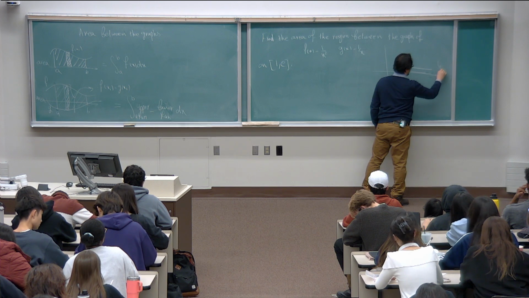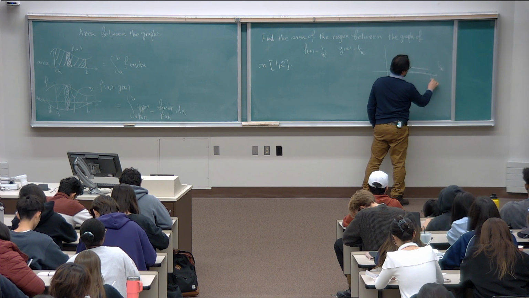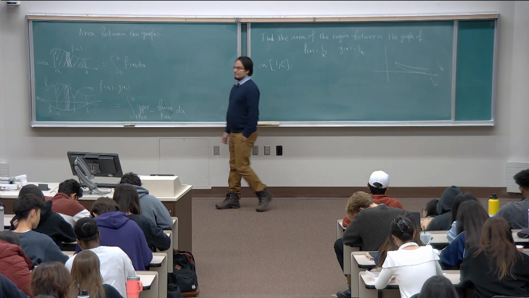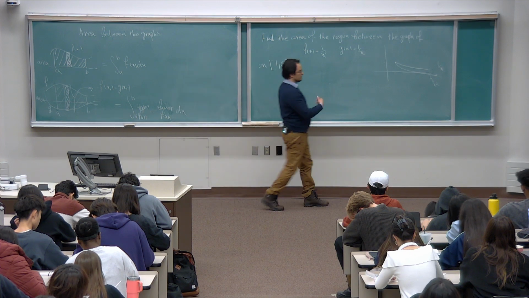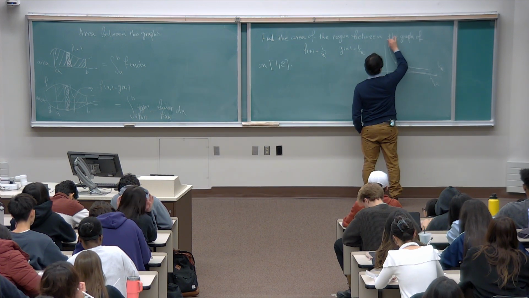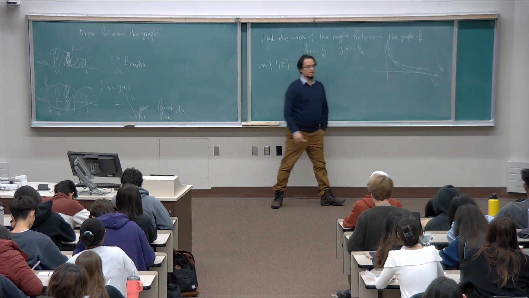So this is 1 over x, and this one is 1 over x squared. For x between 0 and 1, they swap: 1 over x squared is bigger than 1 over x.